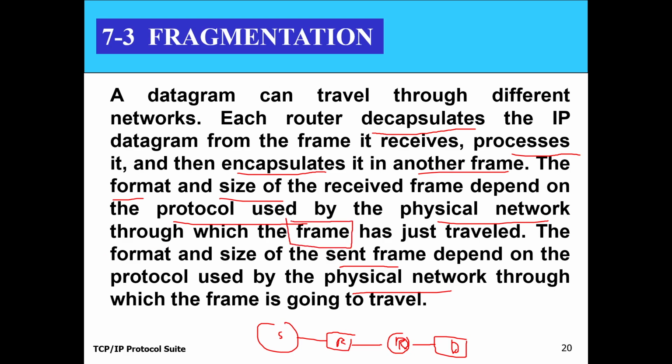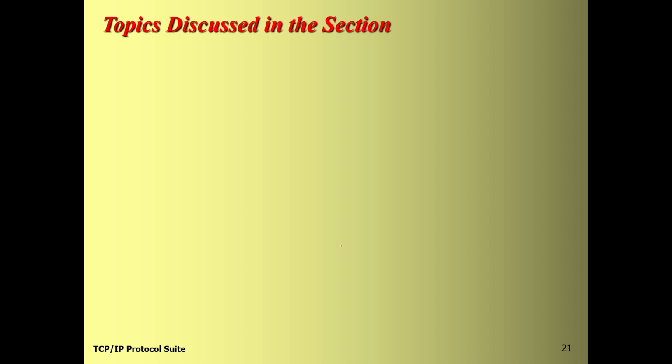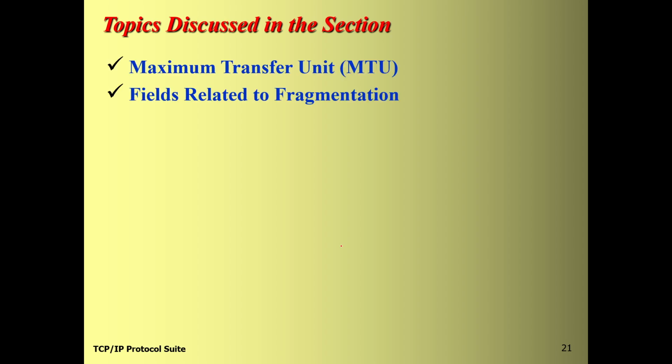Data. Frame. For the frame. Okay? Remember in layer 3 we don't call it a frame. What do we call it? Datagram. In the second layer we call it a frame, and the frame size depends on the technology used, right?